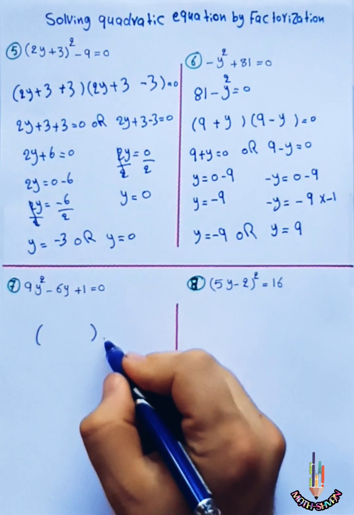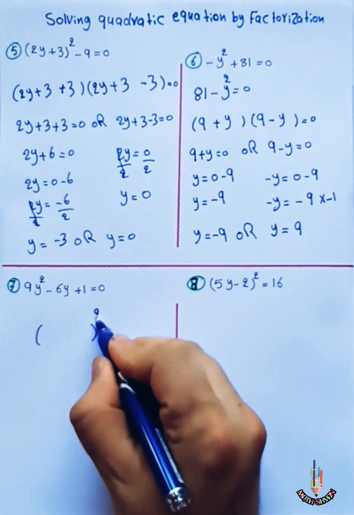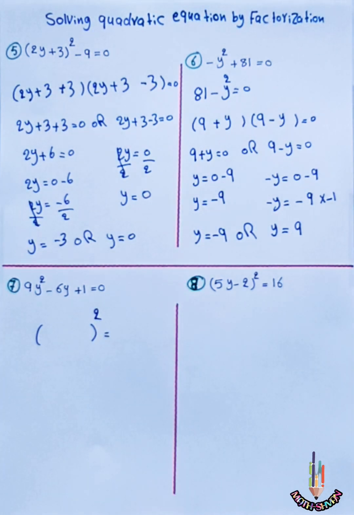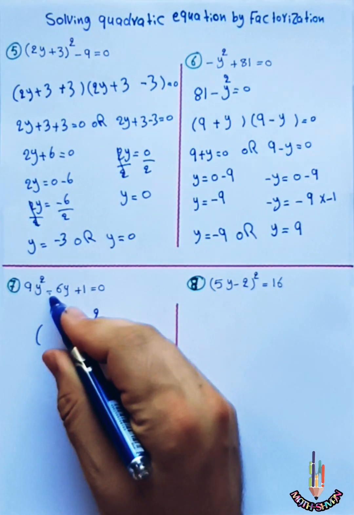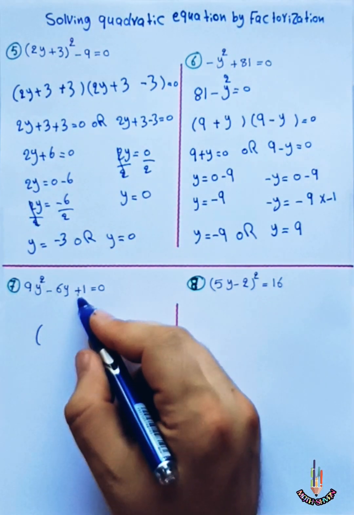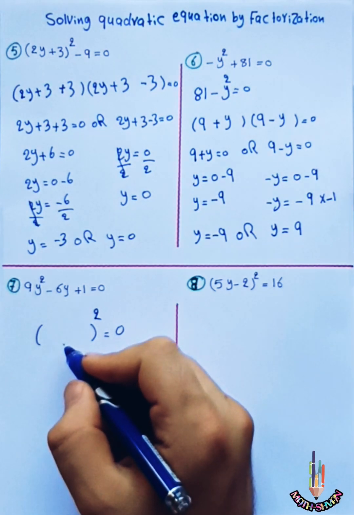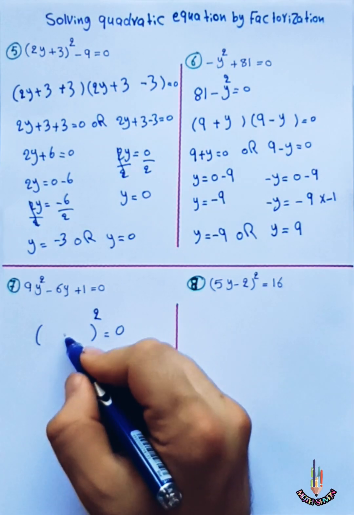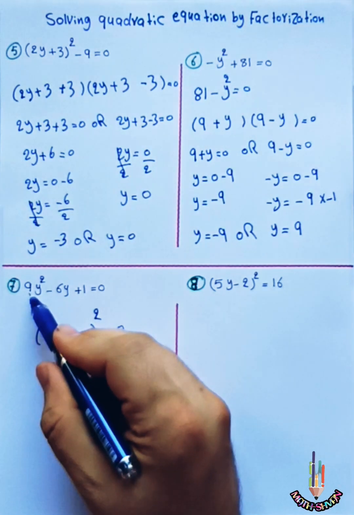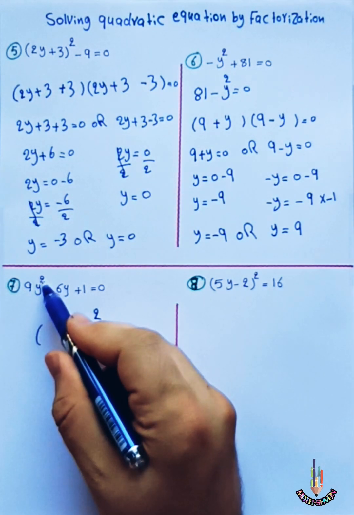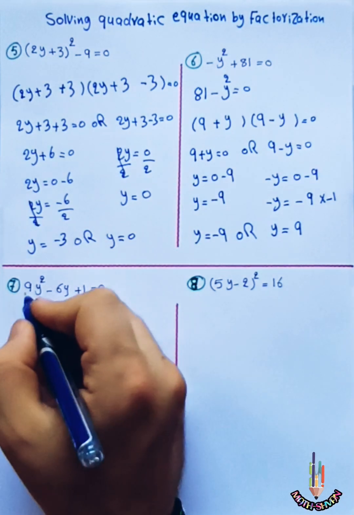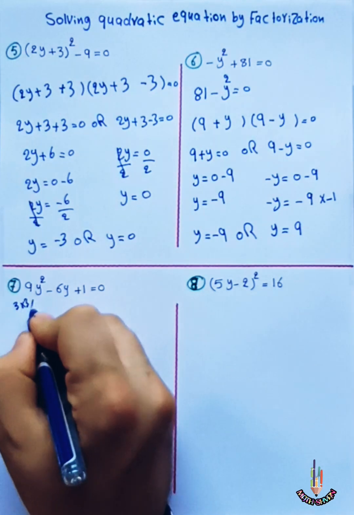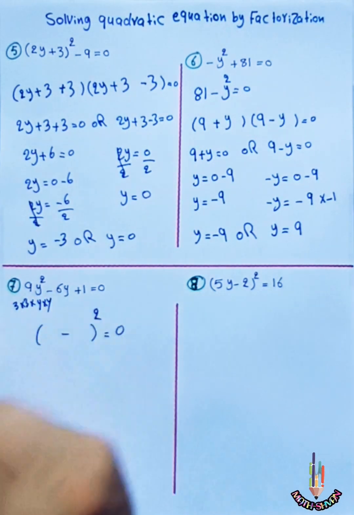You can draw a parenthesis and then you have to write 2 over the parenthesis equal to 0, and then because one of the signs is negative and the other is positive, the sign inside the parenthesis should be negative. And then 9y squared comes from 3 multiplied by y, 3 multiplied by y. So 9 comes from 3 times 3, and y squared comes from y multiplied by y.